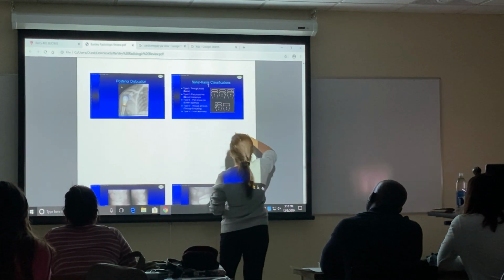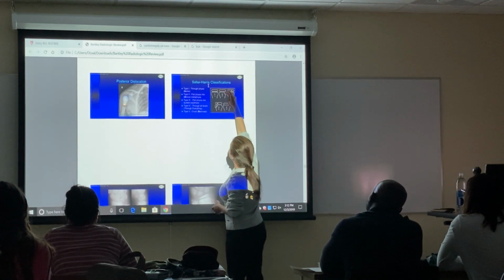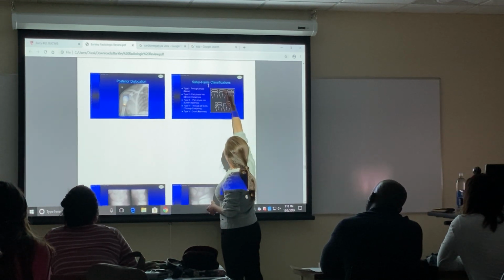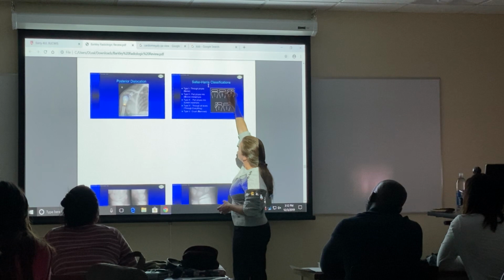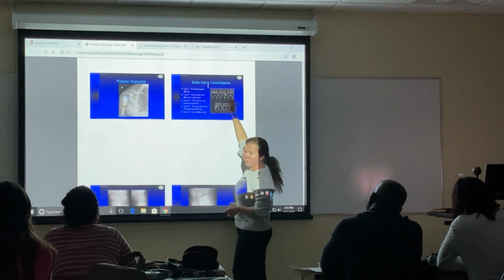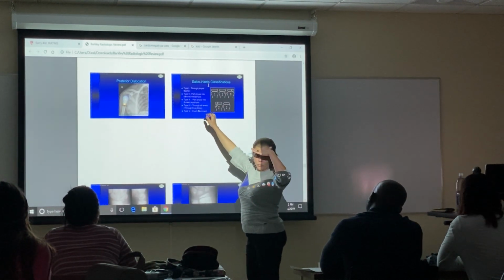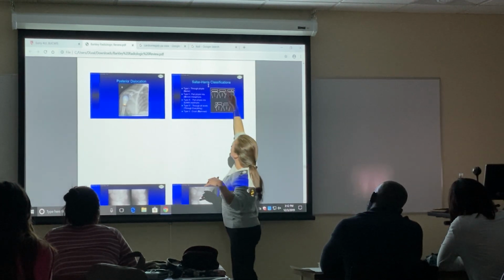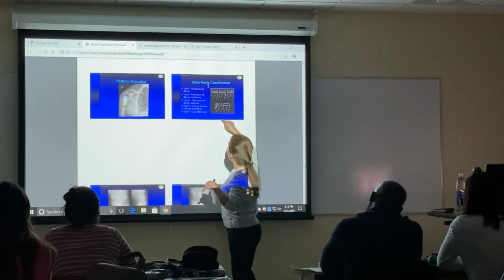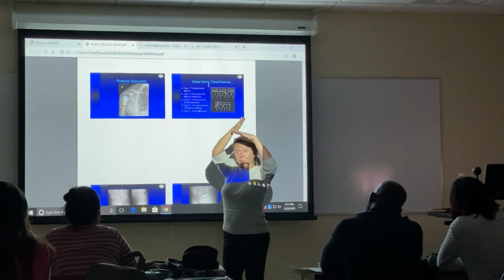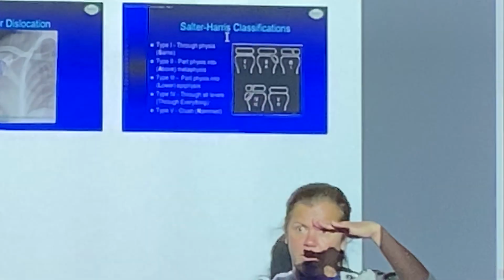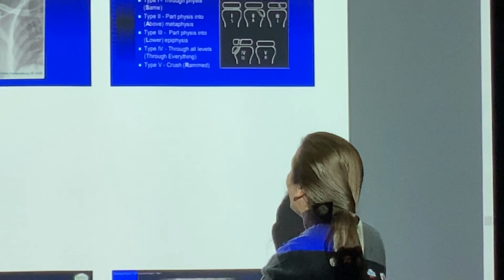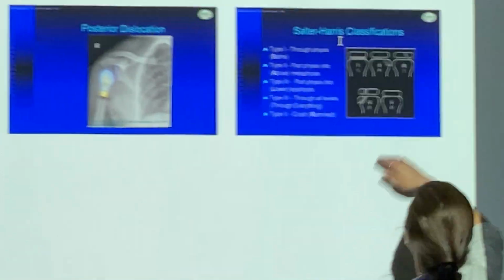Then, type 2, what happens is that it starts from above, as you can see, from the top, and it goes down to the diaphysis. So it could be here, it could be down here. So basically it starts from the epiphysis and goes down to the diaphysis. So that's why it's called above, okay?